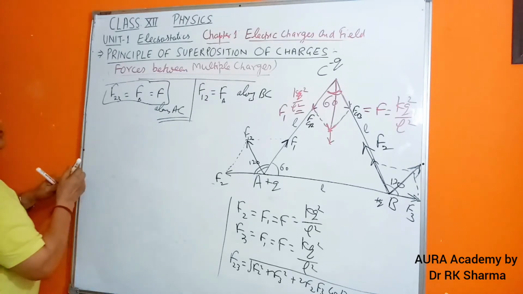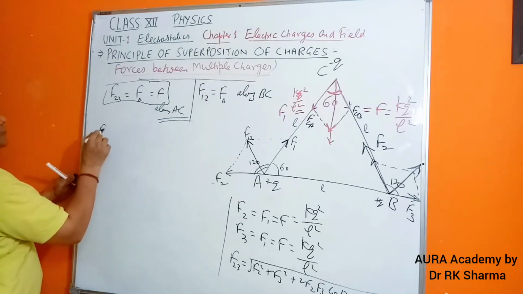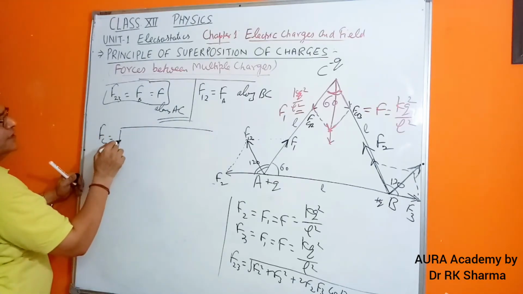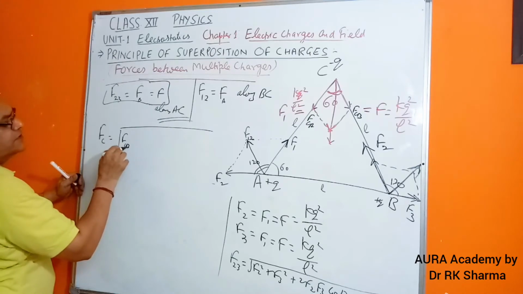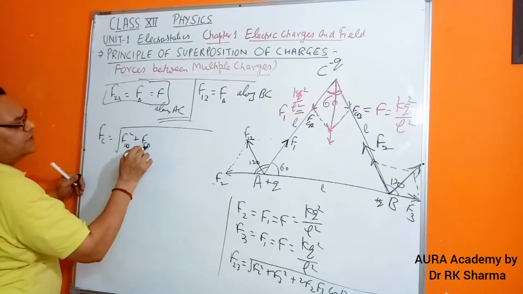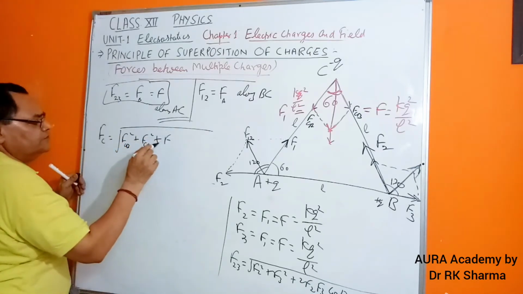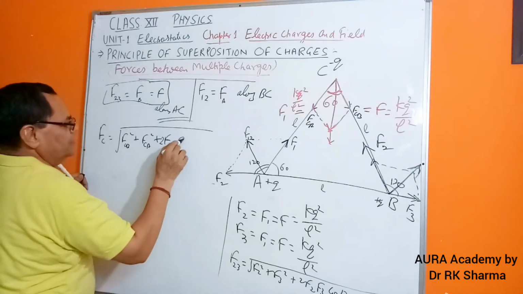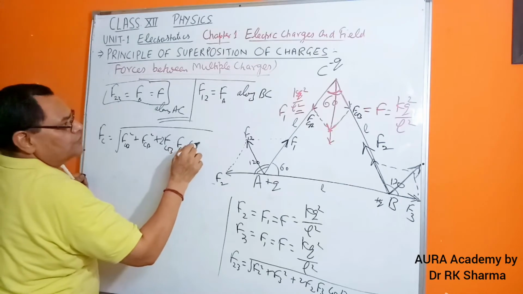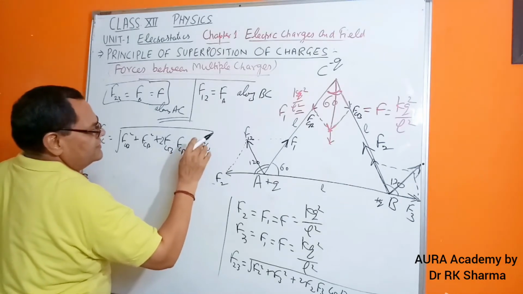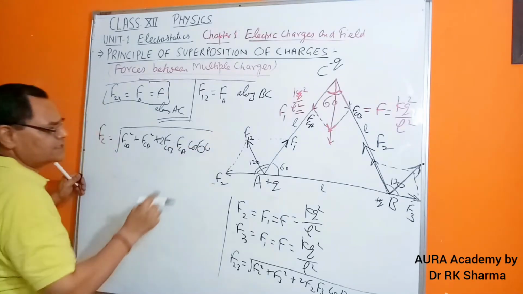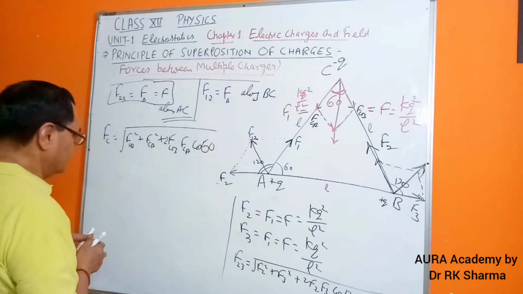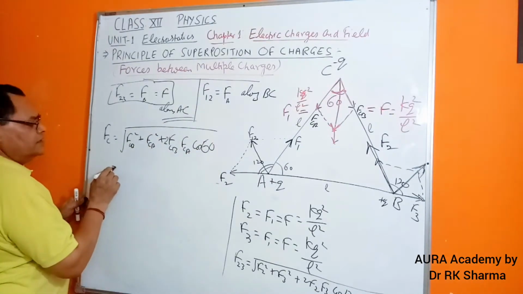So therefore the total force at C will be nothing but, again you will say, sir, it is nothing but FCB square plus FCA square plus 2 FCB into FCA into cos of 60 degrees. Cos of 60 degrees. What is the value of cos 60? Alright. So what is cos 60?